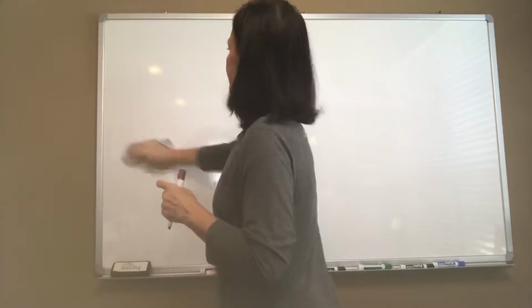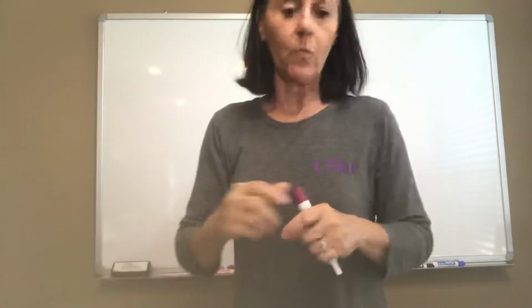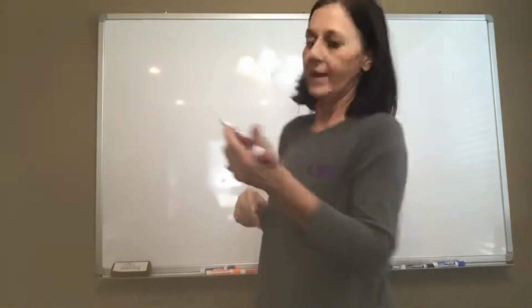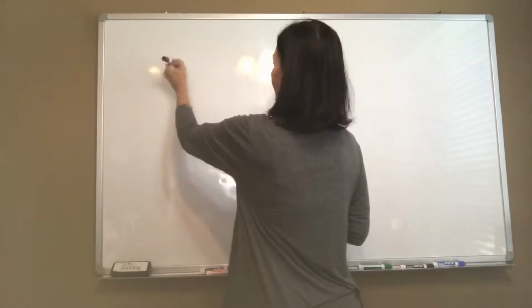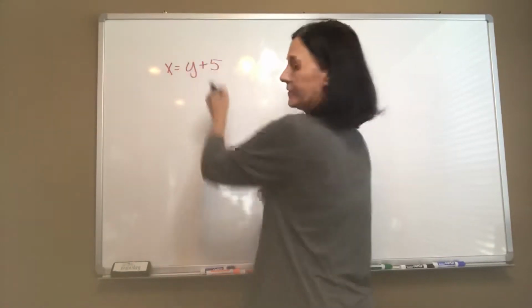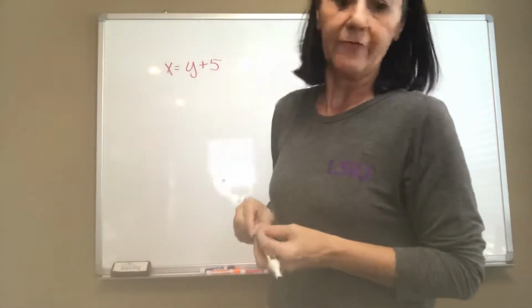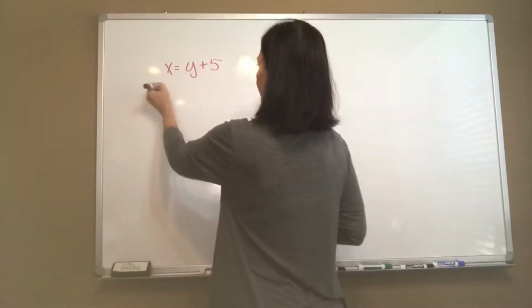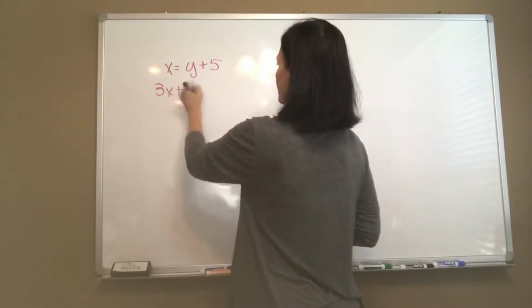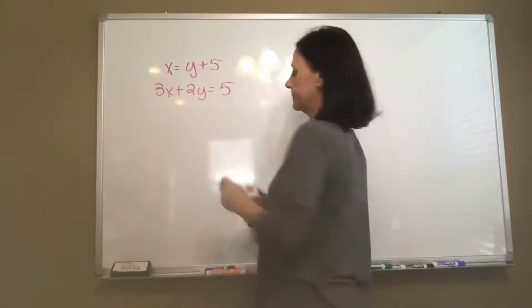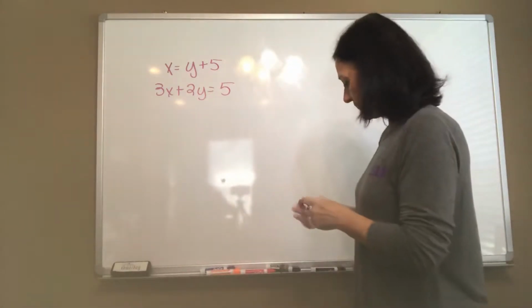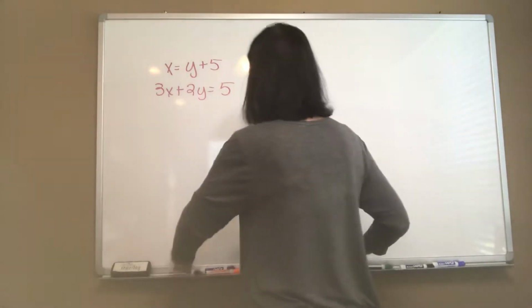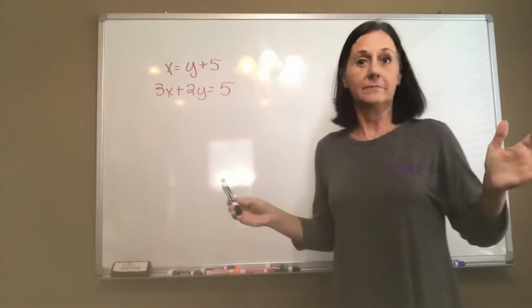All right, so if you look at example 1 on page 72, we have x equals y plus 5, and we have 3x plus 2y equals 5. So this first equation, and you're going to use substitution from here on out.